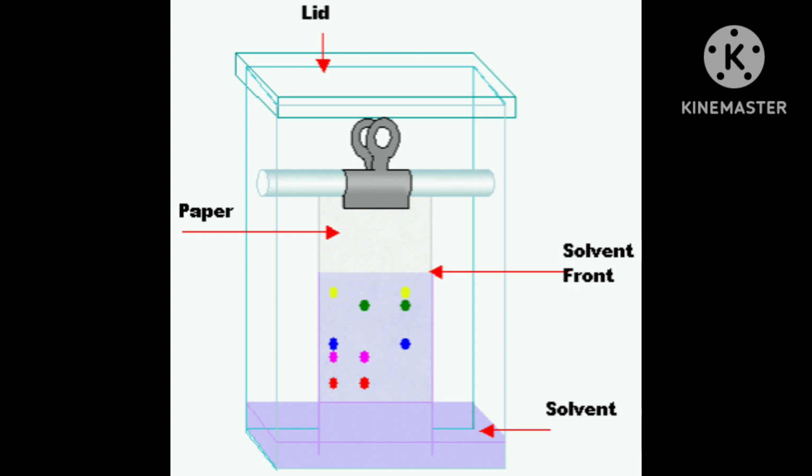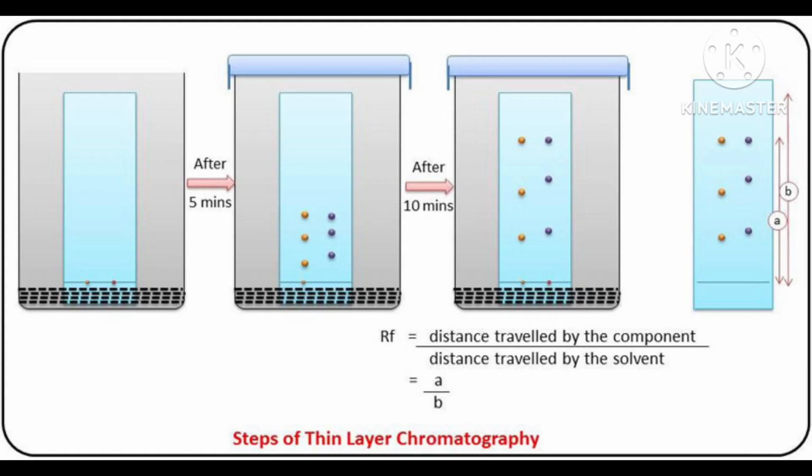The paper strip so developed is known as a chromatogram, because now this paper has separated all the mixtures, maybe 2, 3, 4 also. This paper is called a chromatogram. The spots of the separated colored compounds are visible at different heights from the position of the initial spot on the chromatogram.